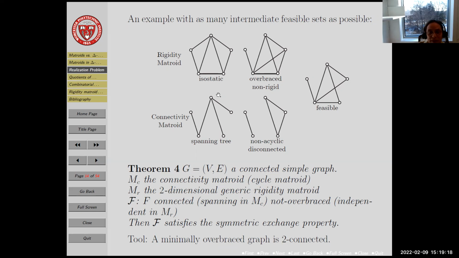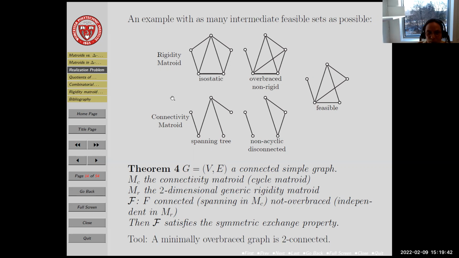That's quite clear, because anything that is actually rigid in the upper matroid is definitely too connected. And so I don't have to say very much. And I can then show that under certain conditions, what my feasible sets are, right?